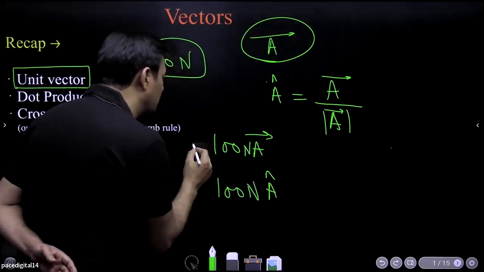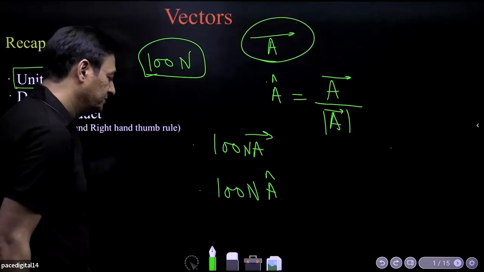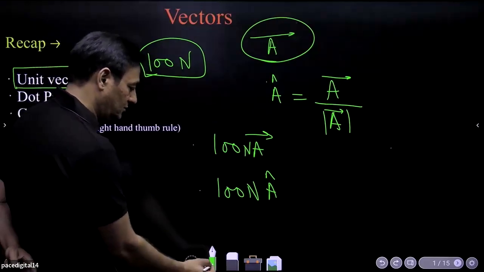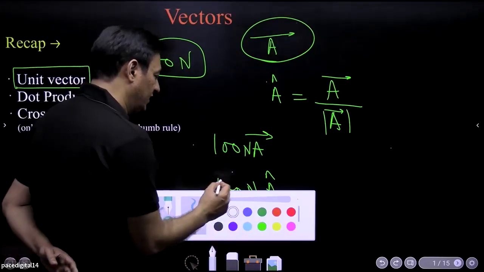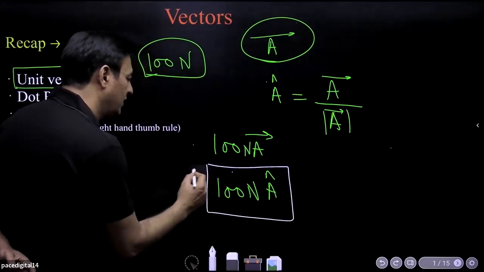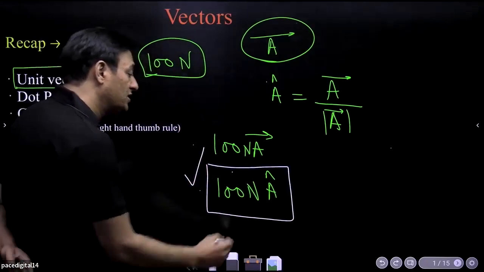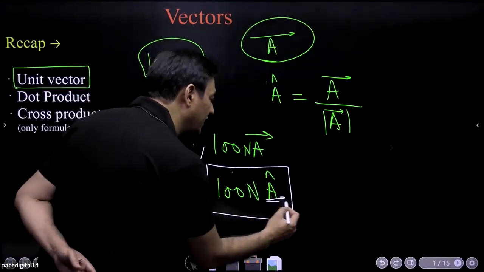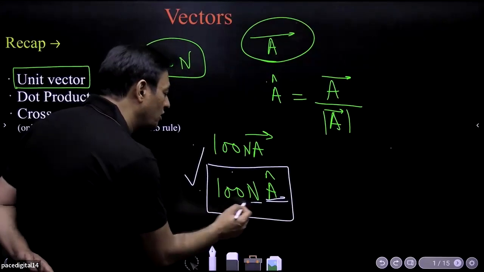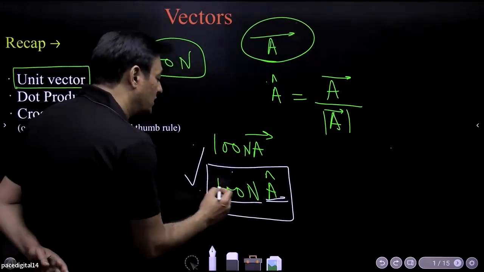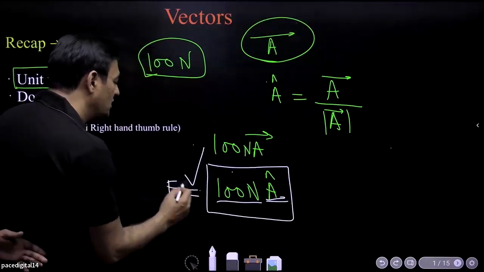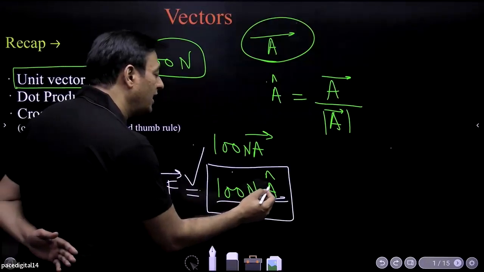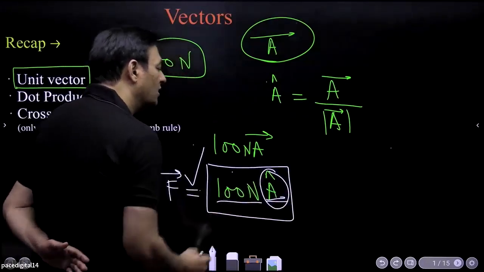Which is the correct answer? The second one, A cap. Perfect. So this is very important: you get the direction only, and the magnitude is already told to you. So this will represent a force of 100 Newton in this direction.